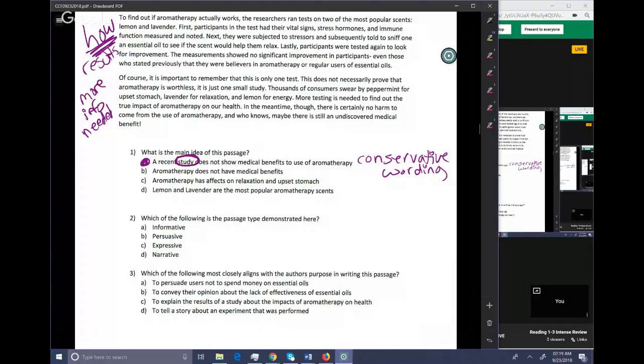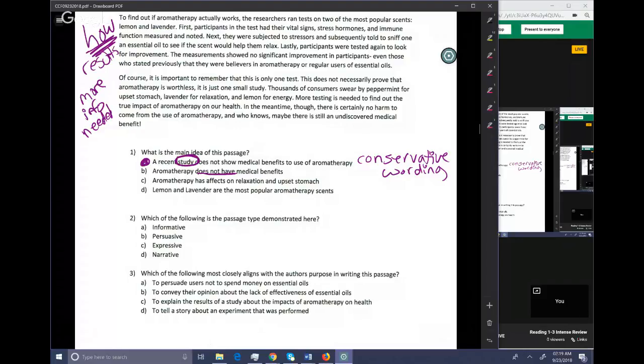The study is part of the main idea, so it's got to be in your answer for main idea. And then secondly, to say it does not have medical benefits is too extreme. What we can say is this study doesn't make it look like it does. But this one is saying that we're absolutely 100% certain that there are no benefits, and that is obviously too extreme.